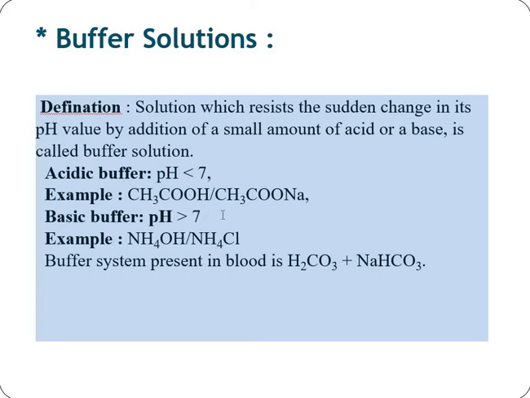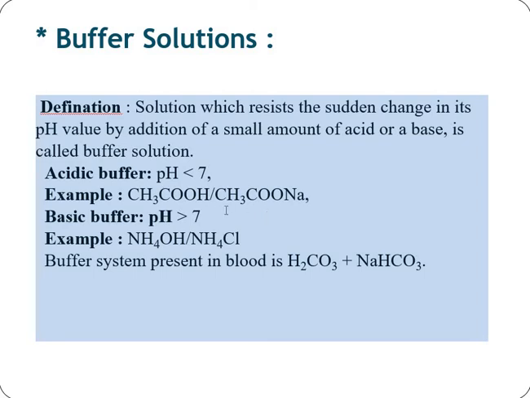So how will you prepare buffer solutions? Acidic buffer is prepared from weak acid and salt of weak acid and strong base, it is a mixture of weak acid and its salt with strong base. We know acetic acid is a weak acid and sodium acetate is a salt of weak acid and strong base.